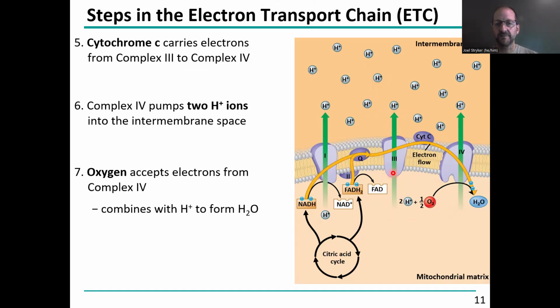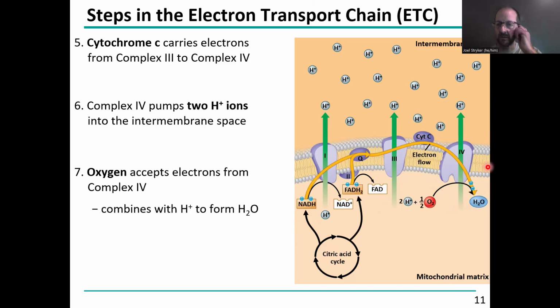That gets carried by a molecule called cytochrome C, which I do want you to know, carries electrons from complex 3 into complex 4. This will pump 2 more hydrogen ions out into the intermembrane space, and these electrons then go to oxygen, which ends up taking 2 more hydrogen ions and just not pumping them out, but just removing them from the inside by combining with them to turn into water.